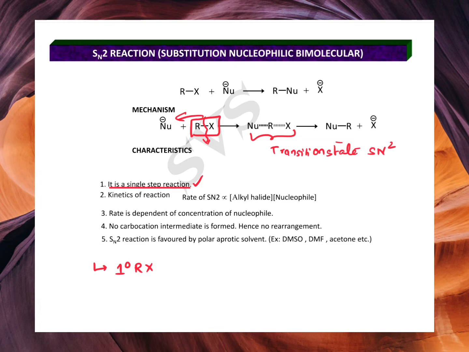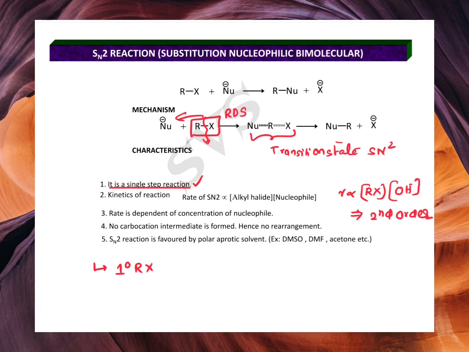So it is a slow step and the rate determining step. Therefore, the rate is directly proportional to the concentration of alkyl halide as well as nucleophile. Therefore, it is an example of a second order reaction.